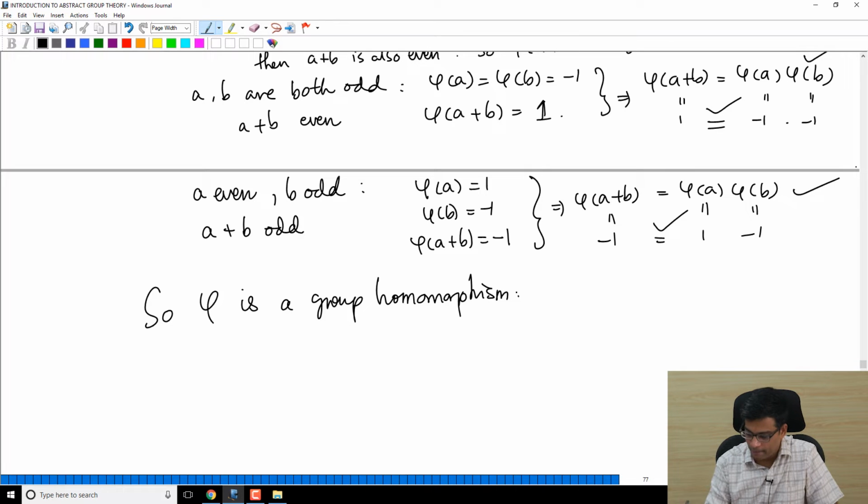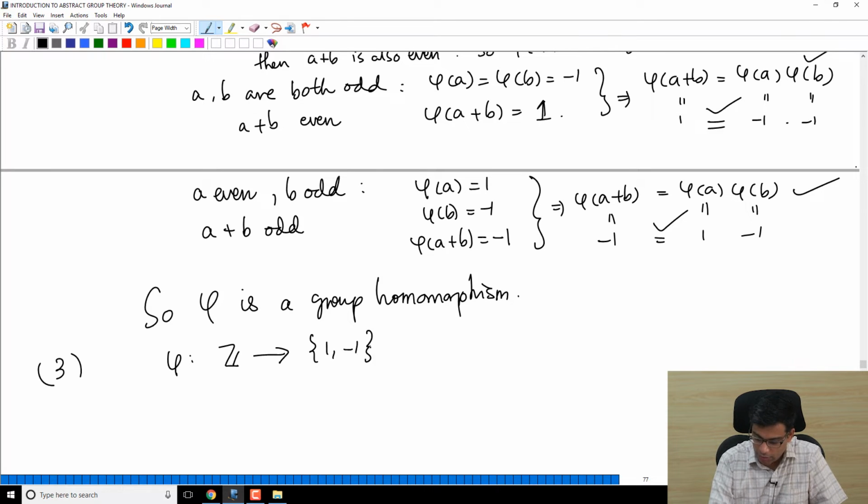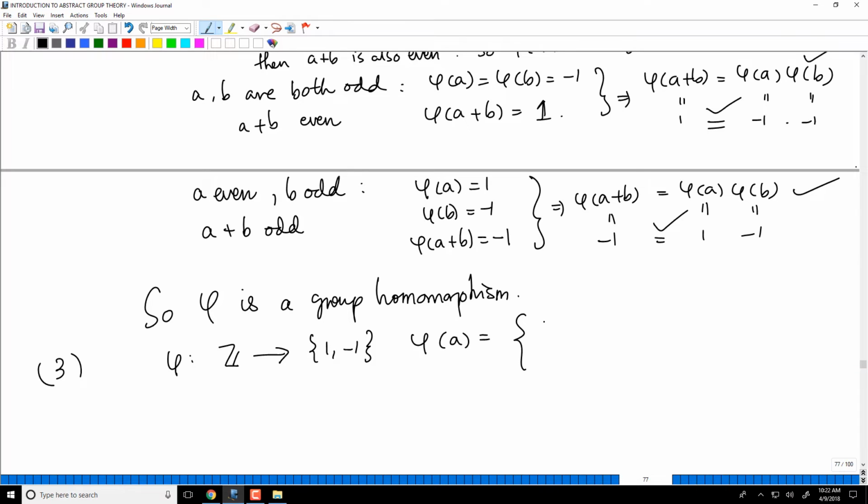The next obvious example, example 3, is the previous function modified slightly. Let's keep the same groups, Z and {1, minus 1}, but now send A to minus 1 if A is even, and 1 if A is odd.